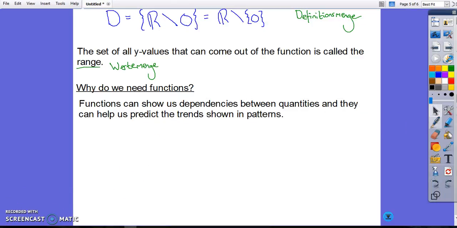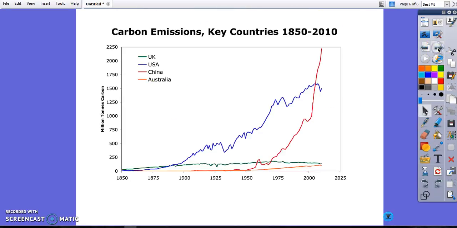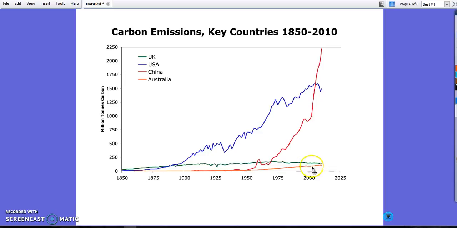So as an example of this, I found a picture here that shows us some trends. So we have years going along here, and we have numbers going up here, which is actually the number of tons of carbon that each of these countries have released over this time period. And we could see that for China, for example, there is a definite upward trend.